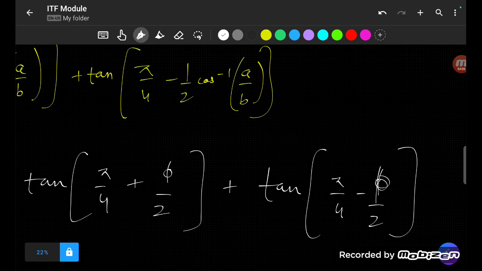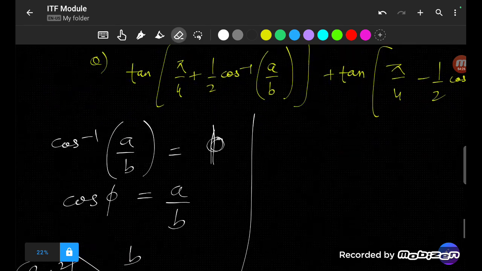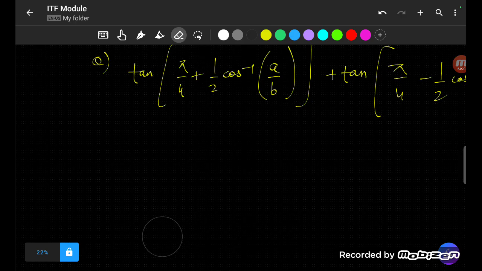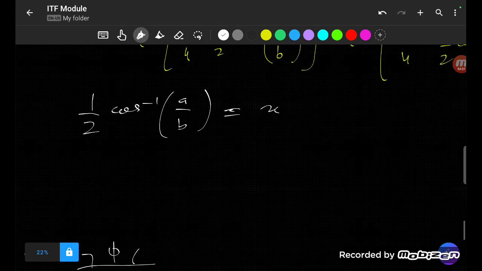Cos 2 theta is equal to a by b. The cross multiplication was done. Not 5 by 2. I think what we could have done is you just take this entirety as what you want, x, take this as x.